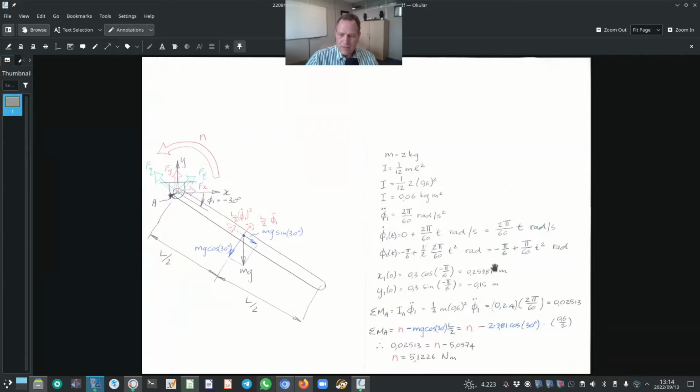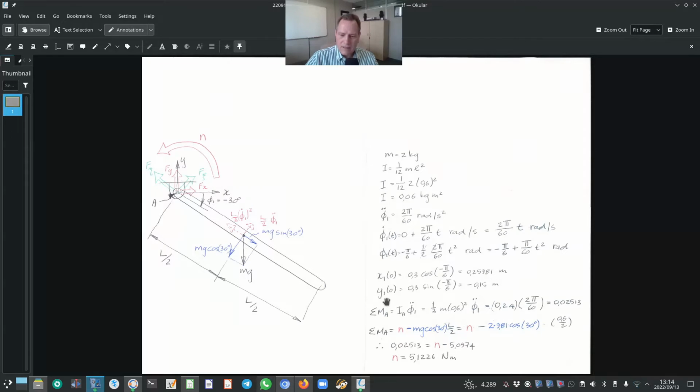That gives the coordinate 0.25981. Geometrically, the origin of the xy coordinate system is here at point A, and the x coordinate of body 1 at time t0 is obviously a positive value. So as a sanity check, this value does indeed make sense.